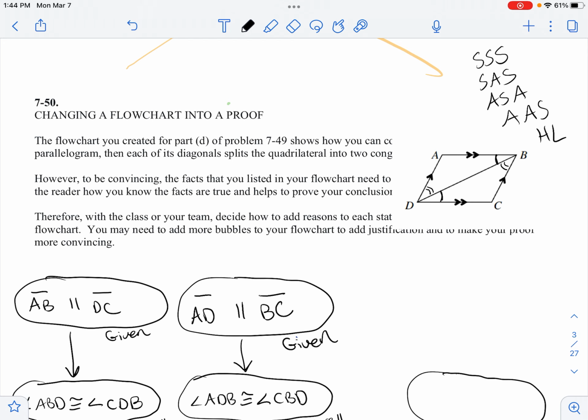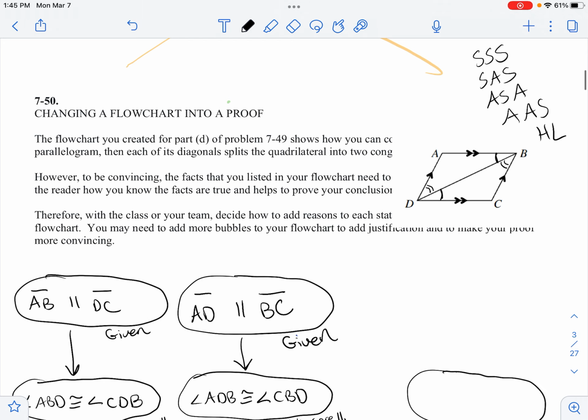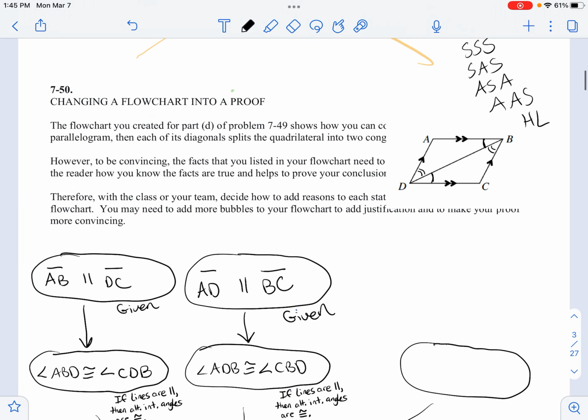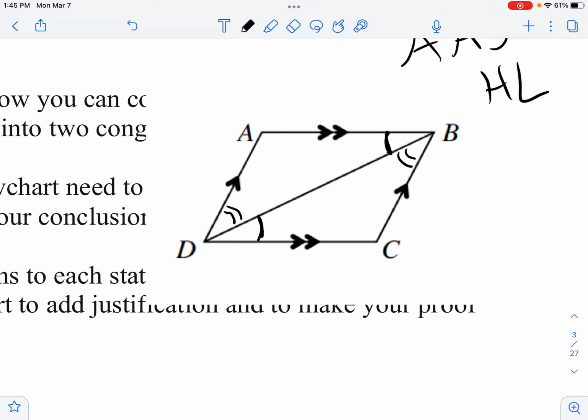So we're trying to use one of these to prove that those triangles are congruent. But we only have 2 pieces of information. We have an angle and an angle. We've got 2 angles down here that are congruent to each other, but we need one more piece of information. So if we look at our figure here, what else do you know just from looking at it? Go ahead and take a couple seconds to think about it.